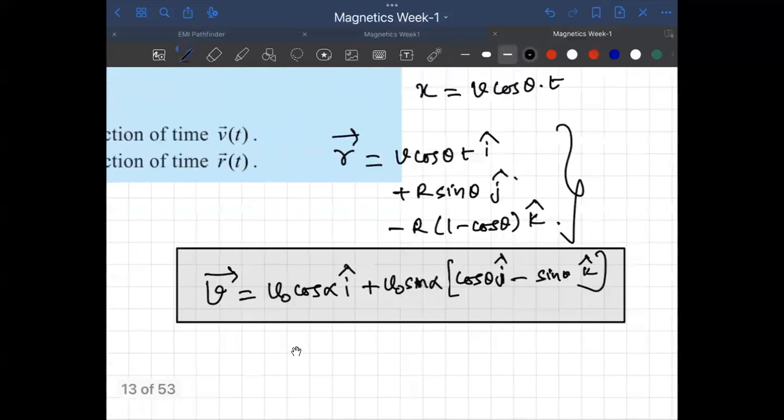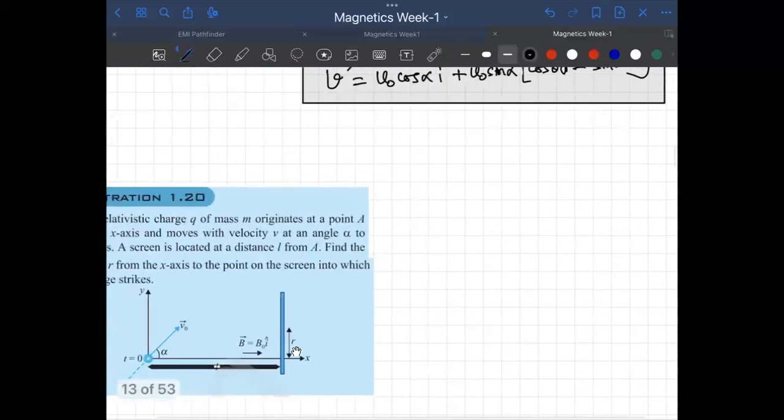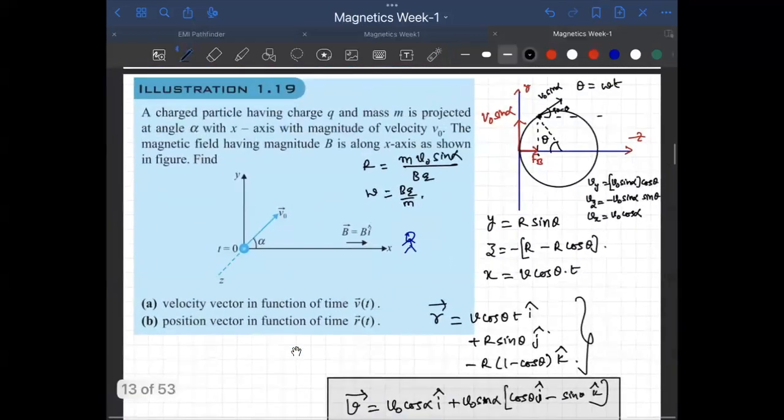Is there any mistake? Any doubts? Right. So we'll move on to some more theory.